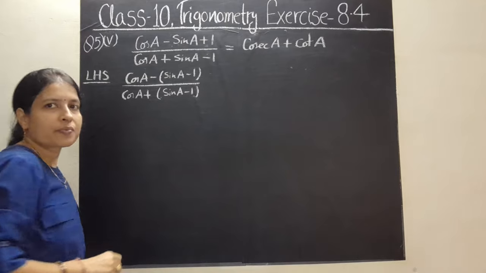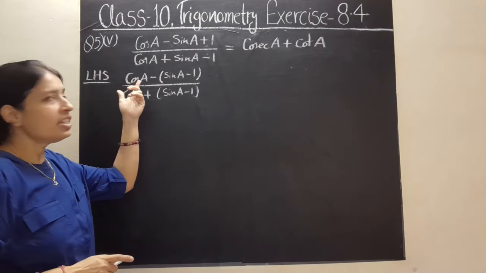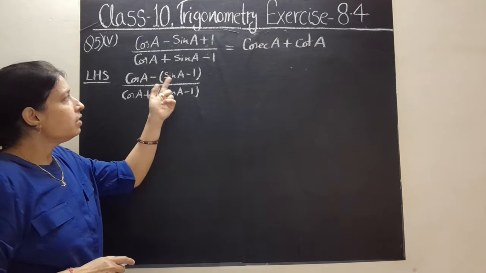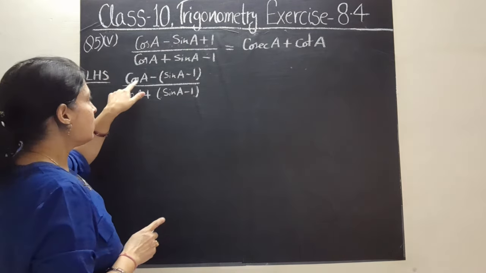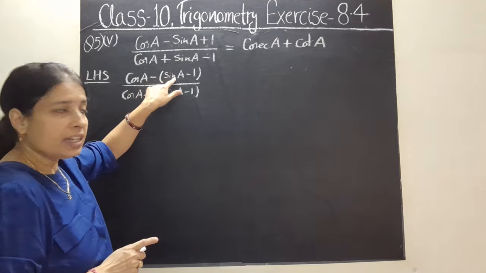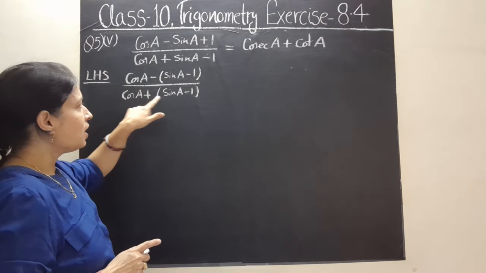This form. Suppose cos a is equal to a and sin a minus 1 is b, then this will be a minus b and this will be a plus b.